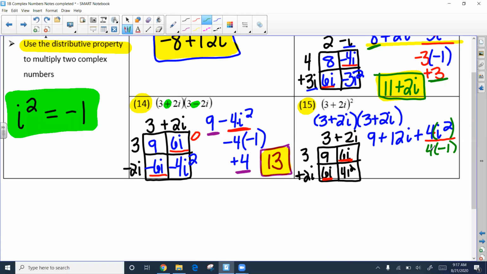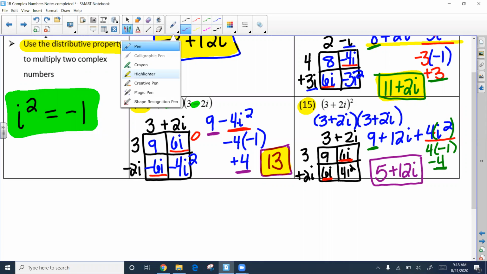So this time we had a positive 4 times a negative 1, which would be negative 4. Now I can combine the 9 and the negative 4. And so we would get 5 for the number part, and then plus 12i is the imaginary part.